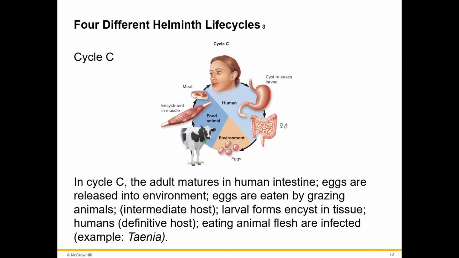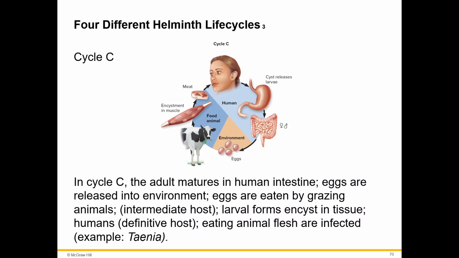In cycle C, we have the adult maturing in the intestine. The eggs are once again released into the environment through the excrement, and then the eggs are eaten by grazing animals. Once it's in the animal, it's in an intermediate phase. It's not doing anything to the host.